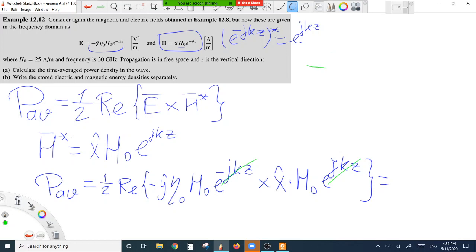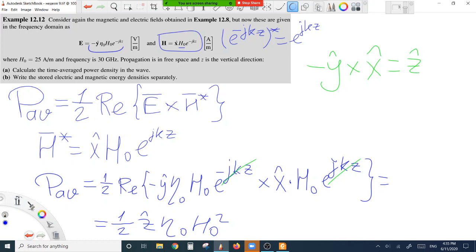So minus y cross x gives us z, and what we have equals 1 over 2 z eta 0 H0 squared.